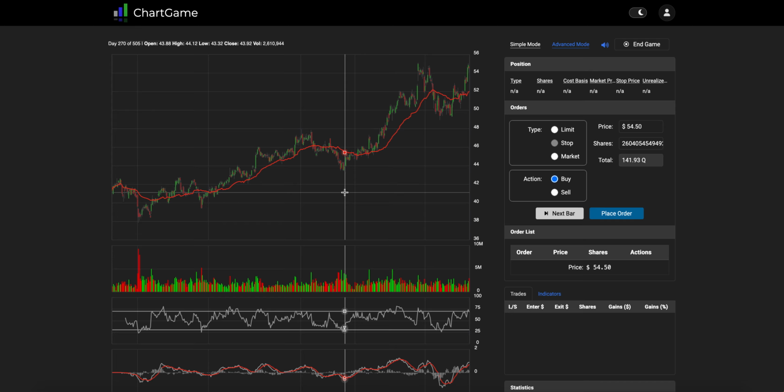So we'll just call that 4.50 plus this little thing here, 45.75. So it's about 6 off the high roughly, and that would be 53, and it actually exceeded the measured move.